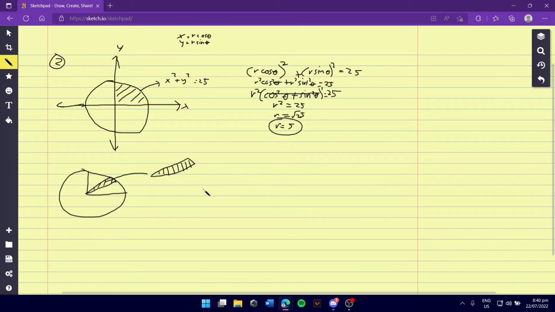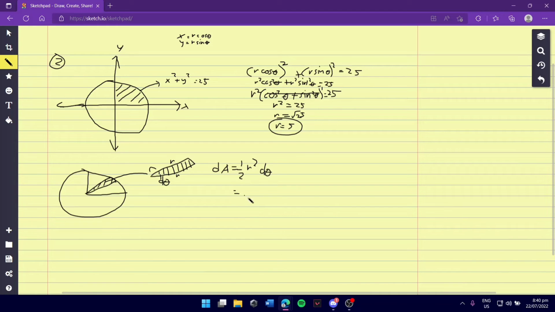For example lang, this is your sector, and then this is your r, and this is your r, and this is your d theta. Next, this is your differential area. So the differential area of your sector is 1/2 times your r squared d theta.